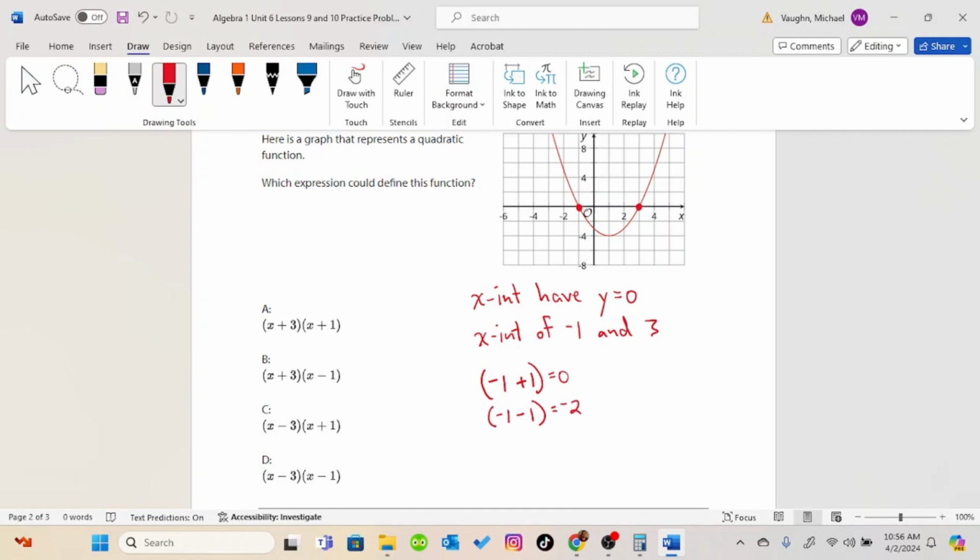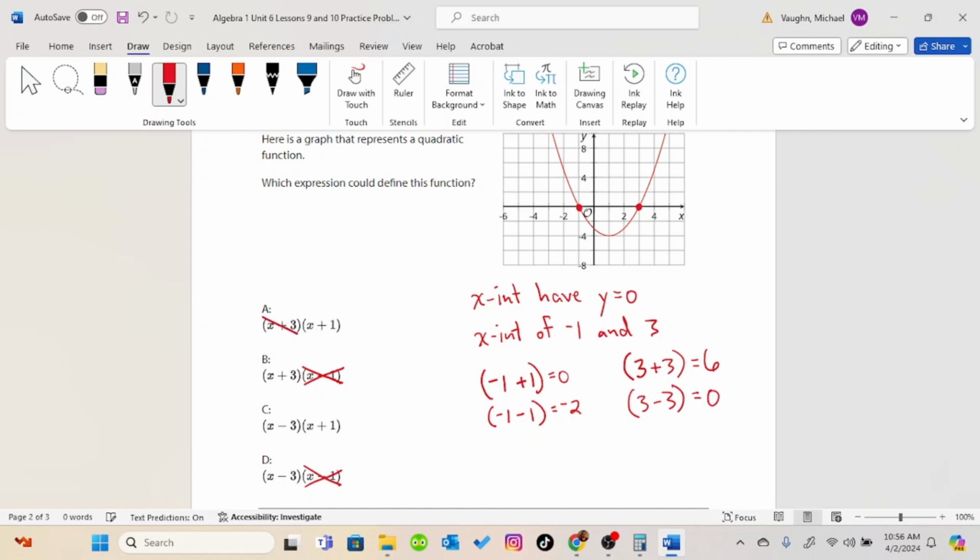So I cannot have −1, so it's not B and it's not D. Then if I have 3, 3 plus 3 would equal 6, but 3 minus 3 would equal 0.